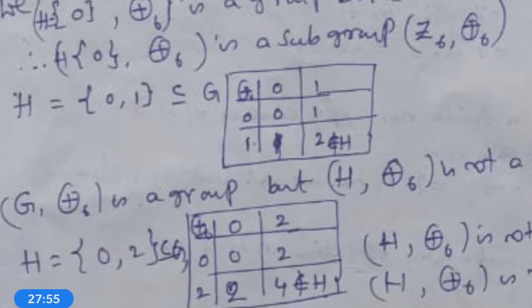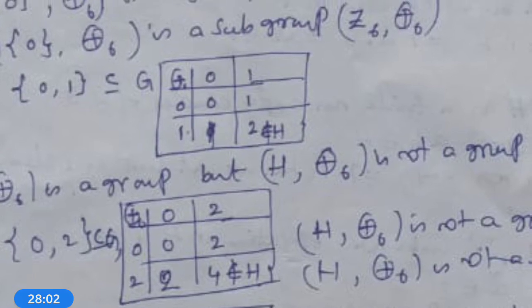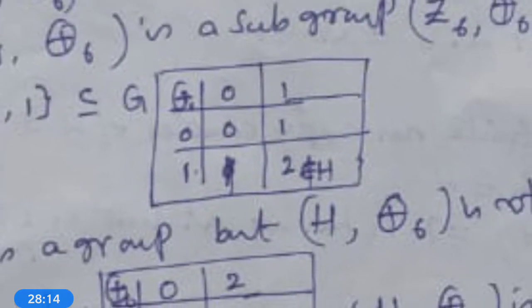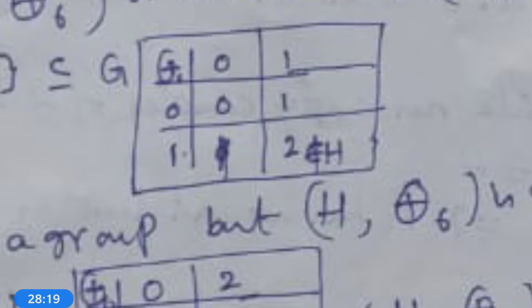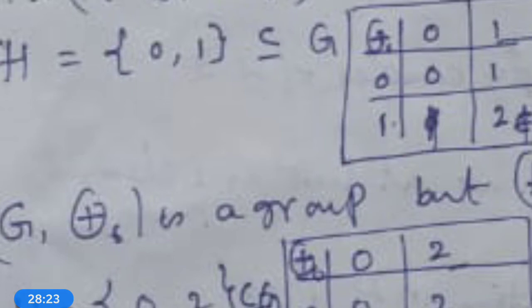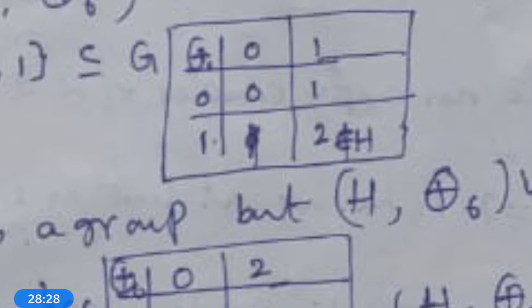Now, let us choose H is equal to the pair set {0, 1}, a subset of G. So, the binary operation table is like this: 0 plus 0 is equal to 0, 0 plus 1 is equal to 1, 1 plus 0 is equal to 1, 1 plus 1 is equal to 2, which does not belong to H. Therefore, H is equal to pair set {0, 1} does not satisfy the closure property.